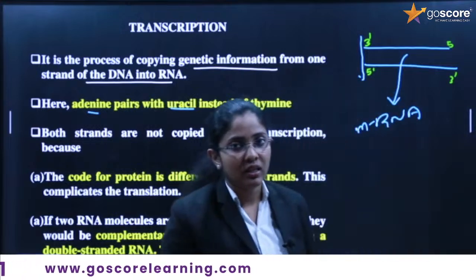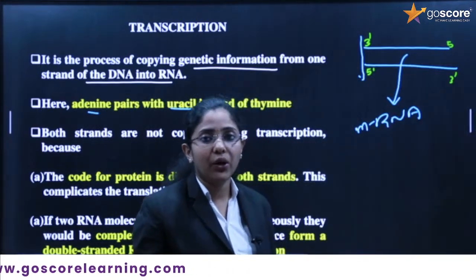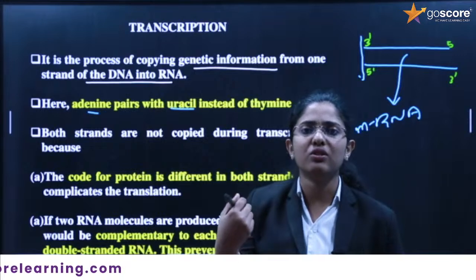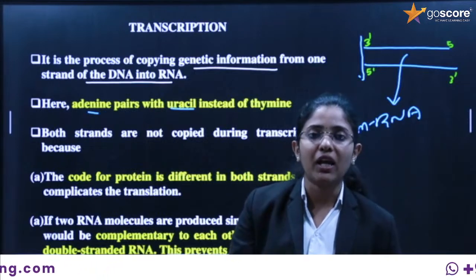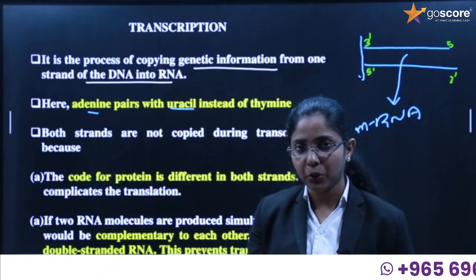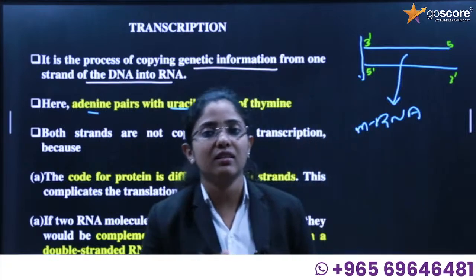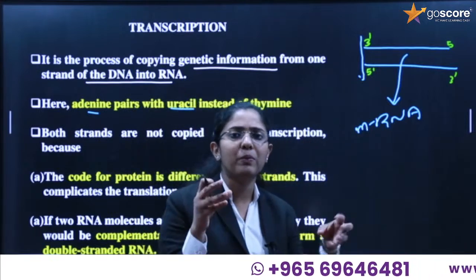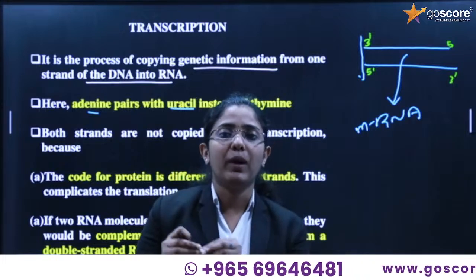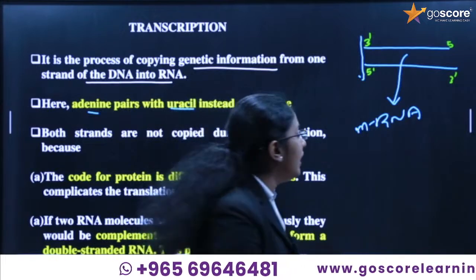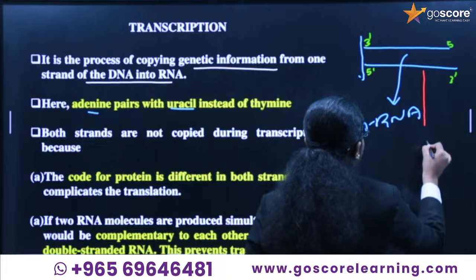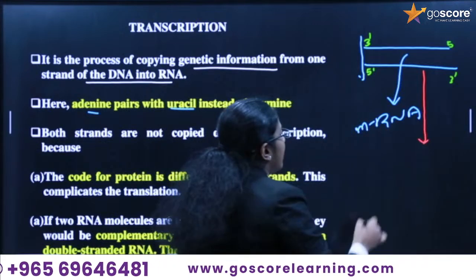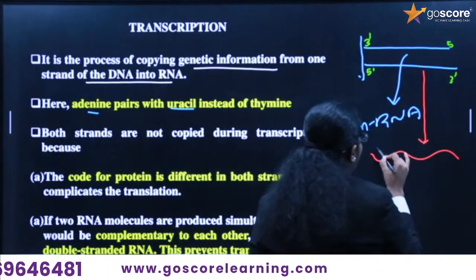It is because if two strands undergo transcription, it will form two strands of RNA that may cause complementarity. If complementarity is there, it will form a double-stranded RNA.